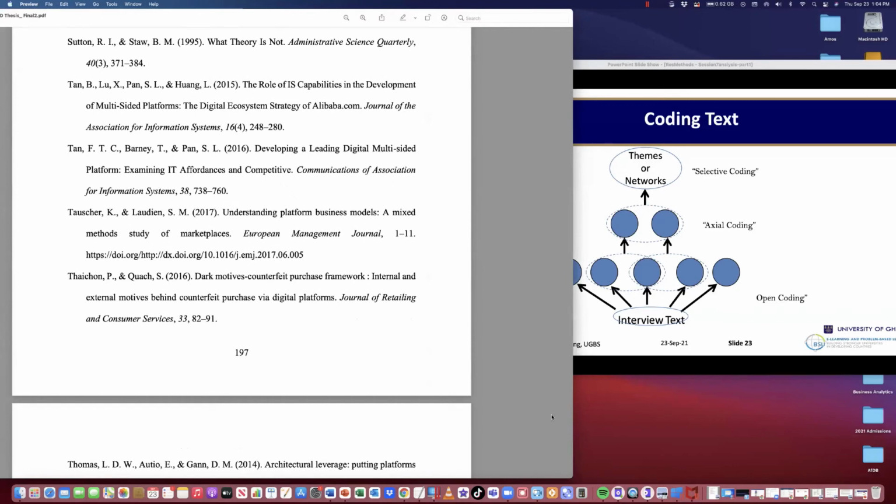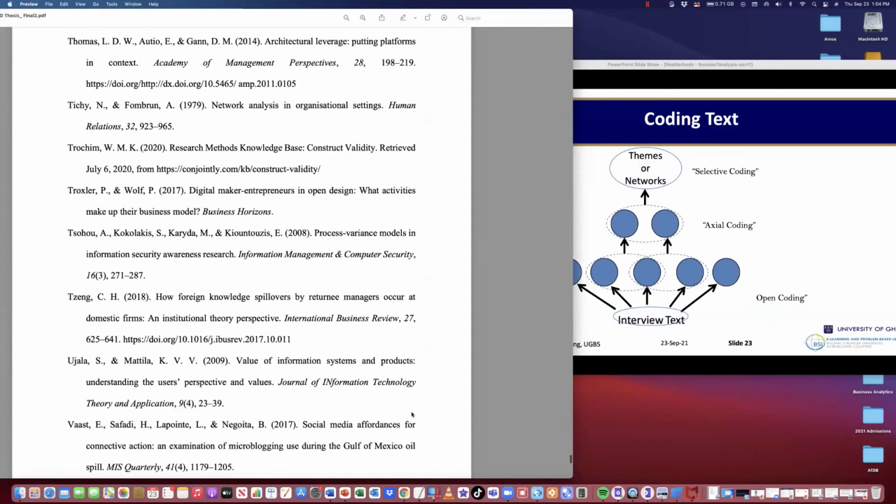It's not in the thesis, it's in the paper: How foreign knowledge spillovers by returning managers occur: domestic and institutional theory perspective. So it's somebody's paper that he got the idea from. International Business Review. You can go look at it.